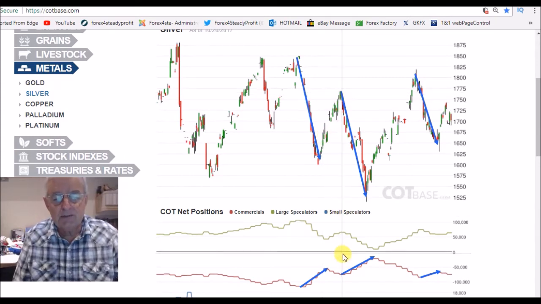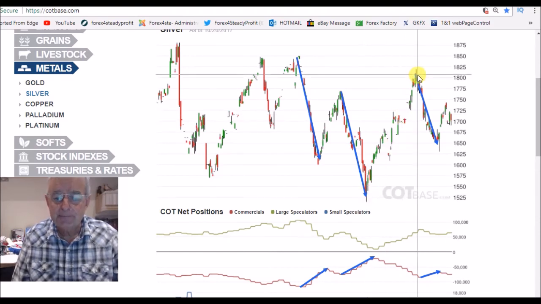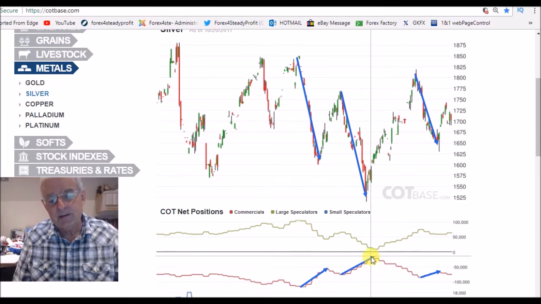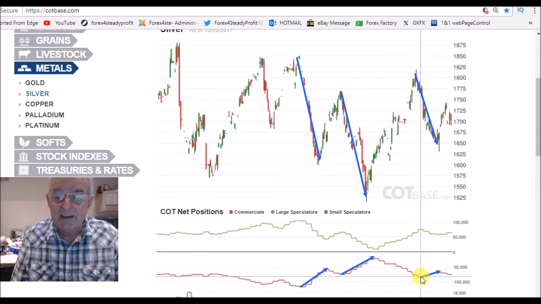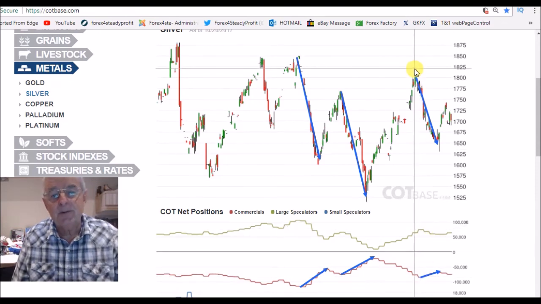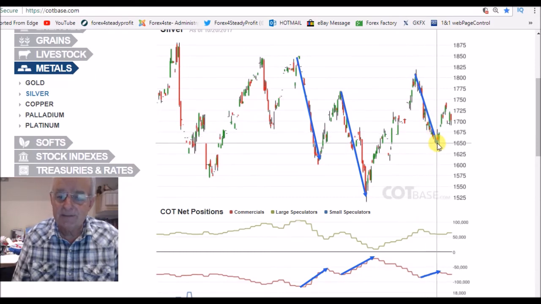We got to an extreme position between the speculators and the commercials, and another nice smooth move down. We then had quite a big move back up, and we had quite a big move on the graph for the commercials. They got to an extreme position against the speculators, and then we had this nice move back down.